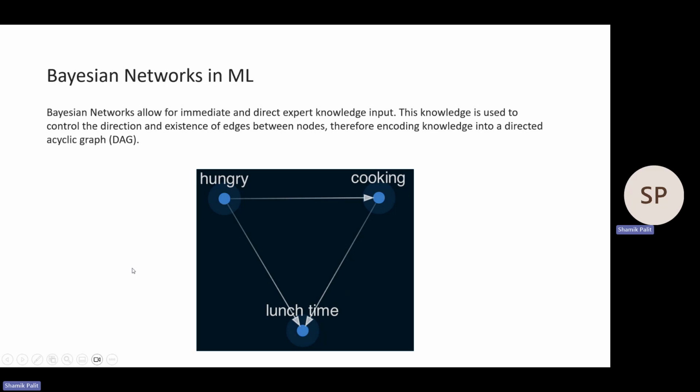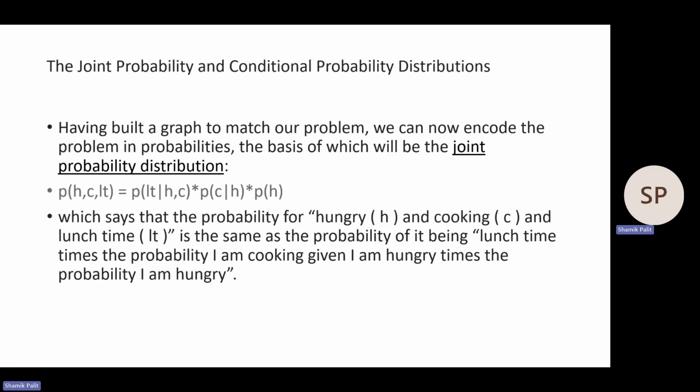We will proceed further to understand how we can represent the same thing using probabilistic concepts, like, for example, whenever we are making use of joint probability or once you start finding a conditional probability. So this is how the given scenario can be represented. For example, we would like to find out the probability of hungry, cooking and lunchtime all together.